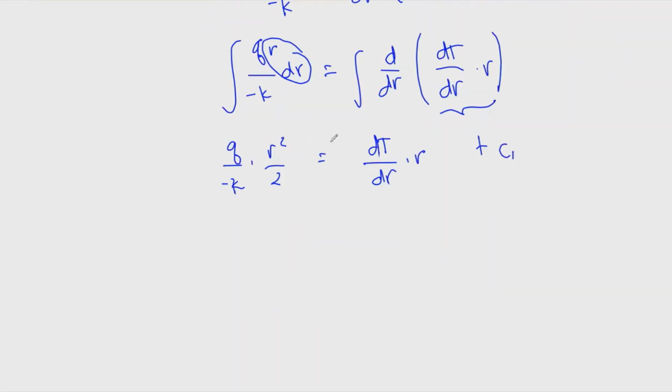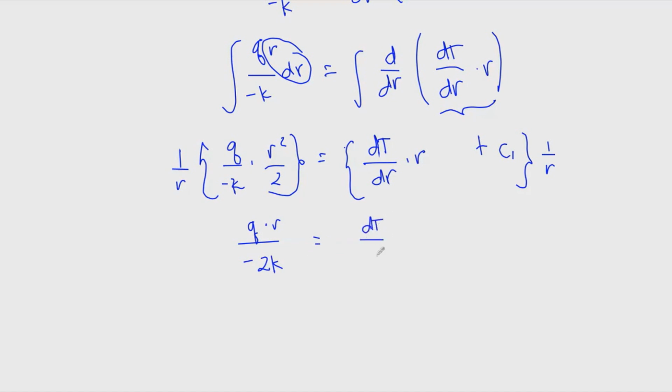So now that I have this expression, I'll be dividing both sides by r so that I can actually separate the variables. So in this case, I have q times r over negative 2k, that is equal to dT over dr plus c1 over r.